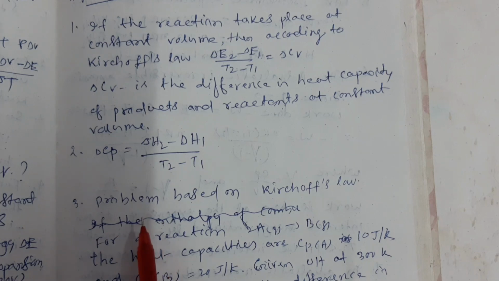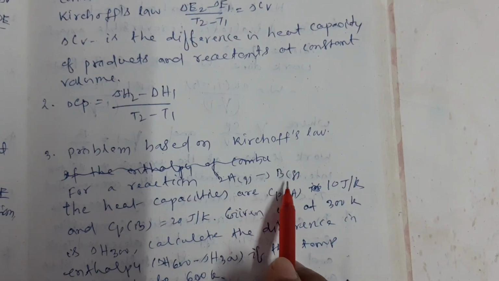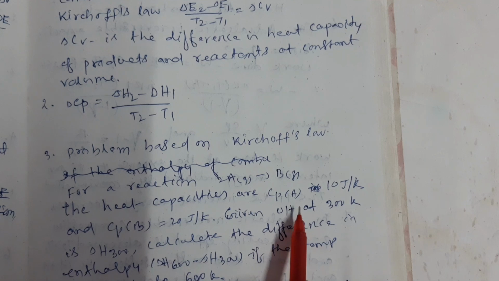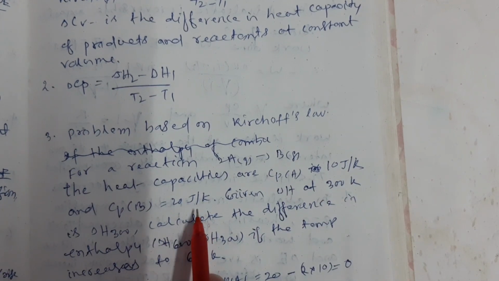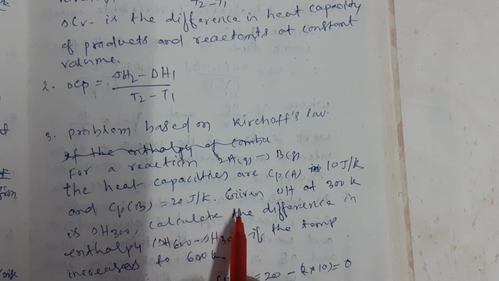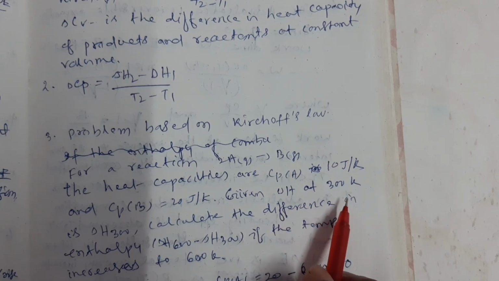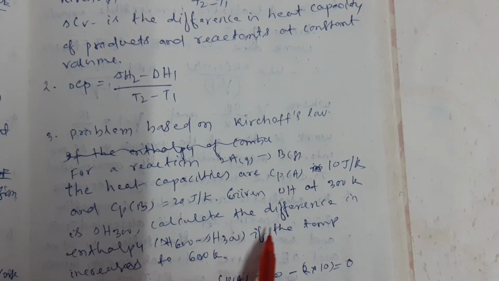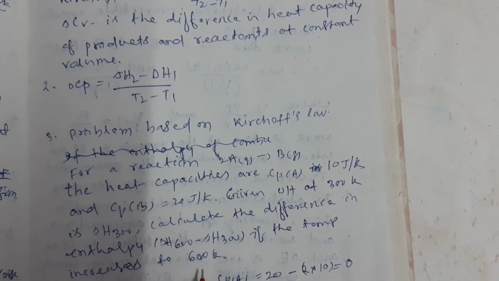So this is the problem: for a reaction 2A to B in the gaseous state, the heat capacities are CpA, this is 10 joule per Kelvin, and CpB is 20 joule per Kelvin. Given ΔH at 300 K, calculate the difference in enthalpy, that is ΔH600 minus ΔH300, if the temperature increases from 300 to 600 Kelvin.